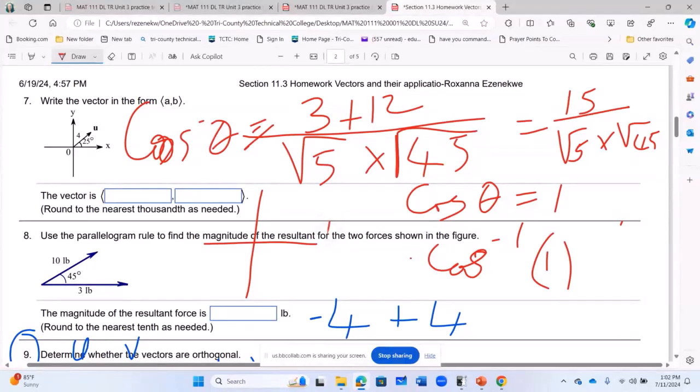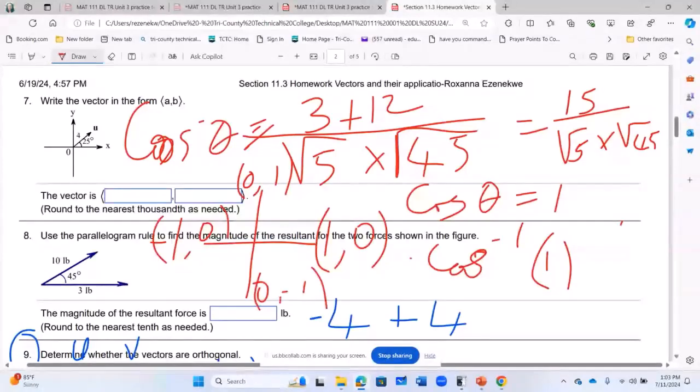We see cosine is 1 here, at (1, 0). This one is (0, 1), the first coordinate is 1. This is (-1, 0). This is (0, -1).